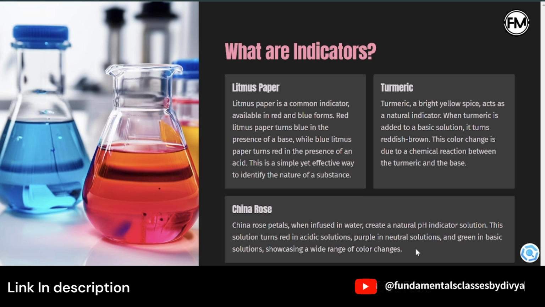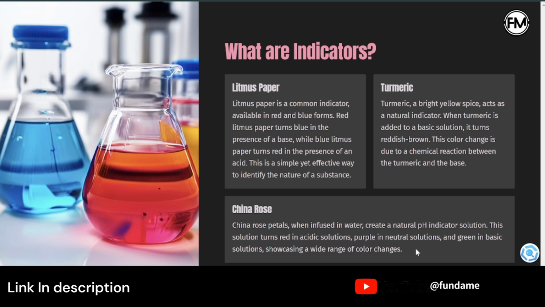Let me tell you again, acids are very dangerous and red is also dangerous. So if there is acid, the litmus paper should be red, because you have heard that acids are very dangerous, right? So both are red. When there is acid, it will turn litmus paper red. We have two types of litmus paper, blue and red.